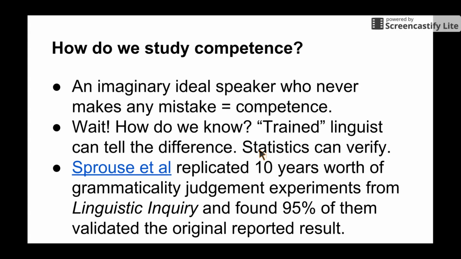Imaginary, this word does not sound scientific, right? How do we know whether this guy is an ideal speaker? A trained linguist can tell the difference, and also statistics can verify.